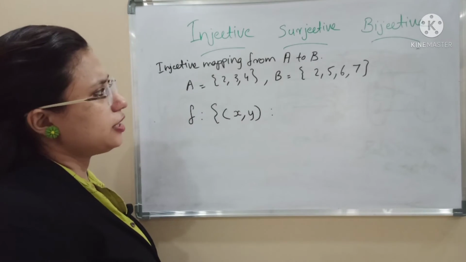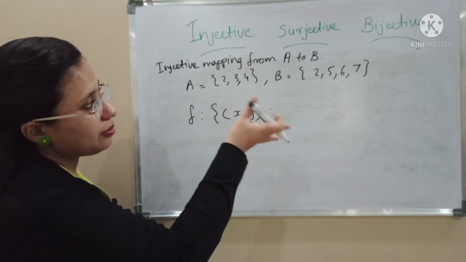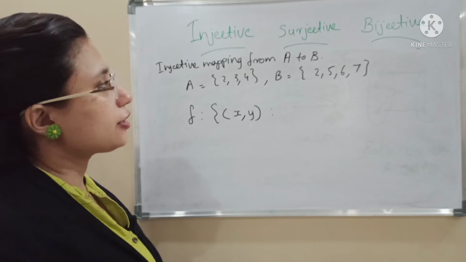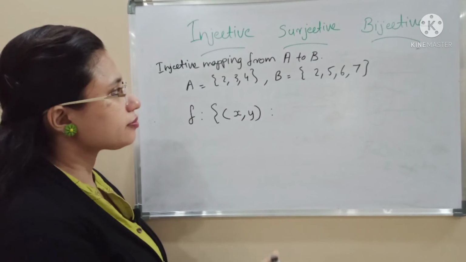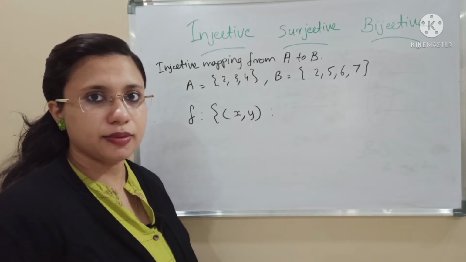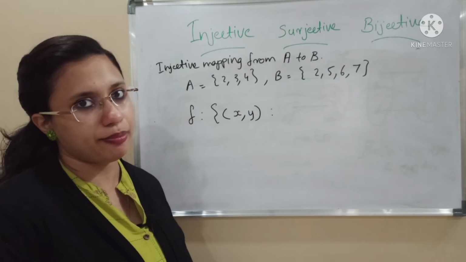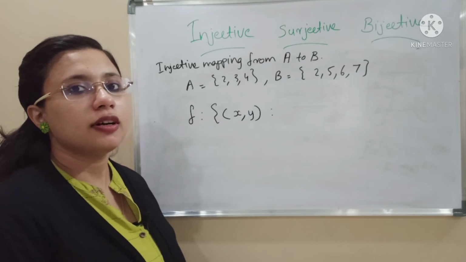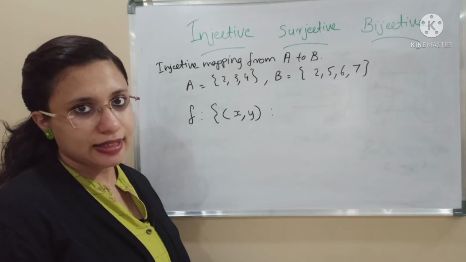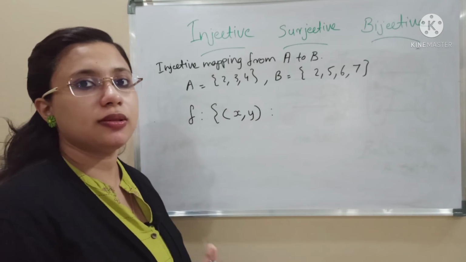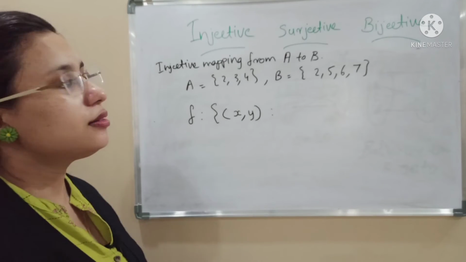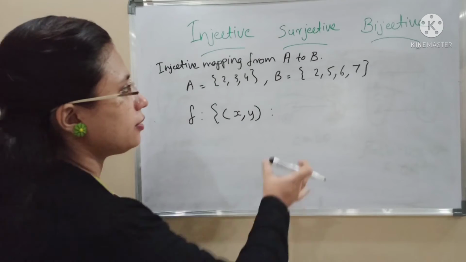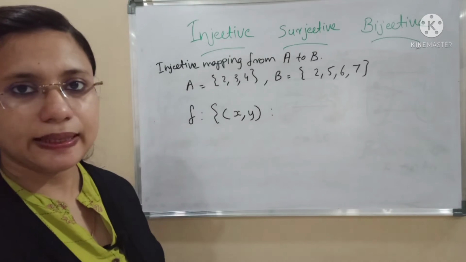It is not necessary that all the elements should be connected with B, right? Because it is an injective mapping. Injective mapping means all the elements of the domain set should have a unique image in the codomain, or set B. Clear?